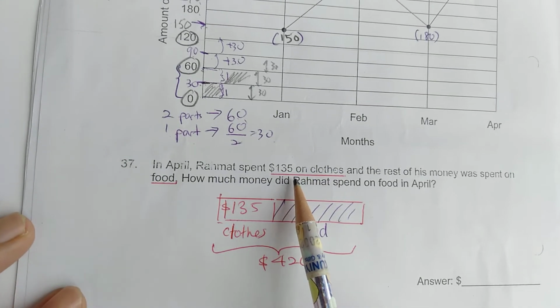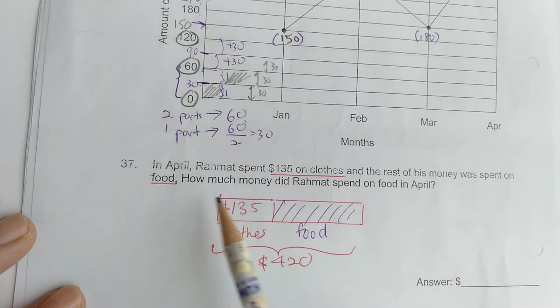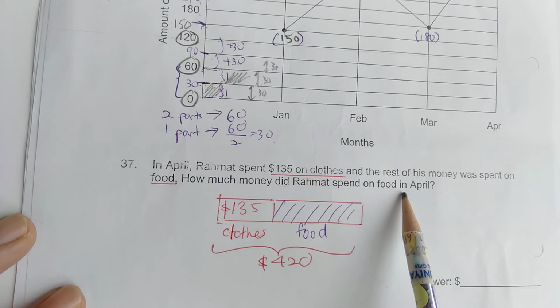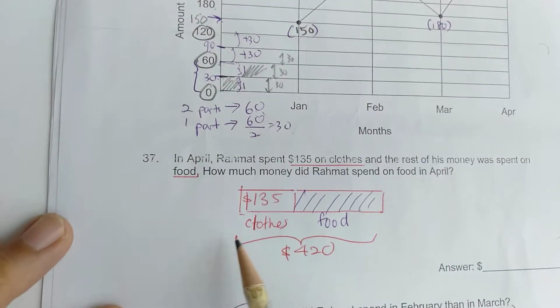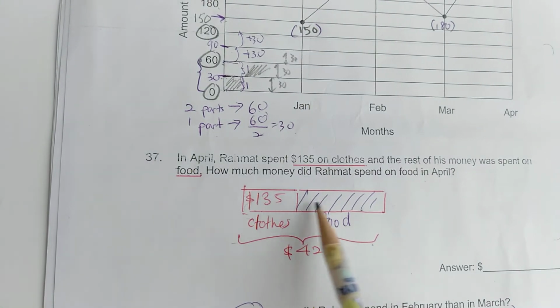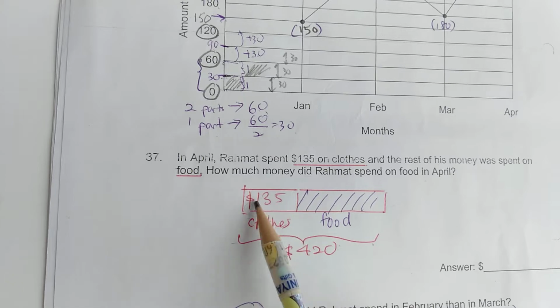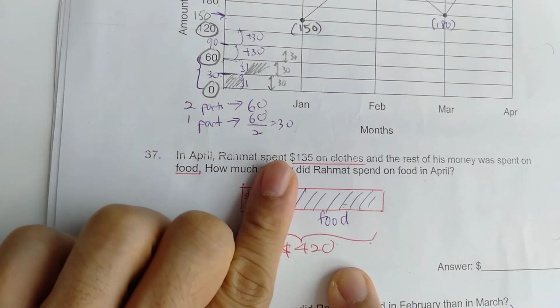Now in April, Rahmat spent $135 on clothes and the rest on food. How much did he spend on food in April? So in April, he spent $420 altogether, and he spent it on two things, clothes and food. If you spend this much on clothes, how much did you spend on food? Simply use 420 minus this away.